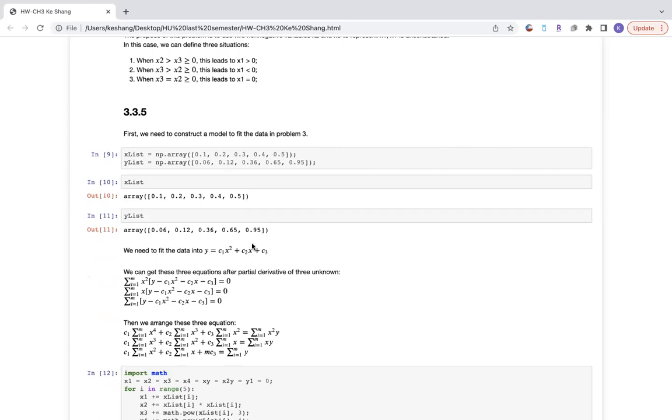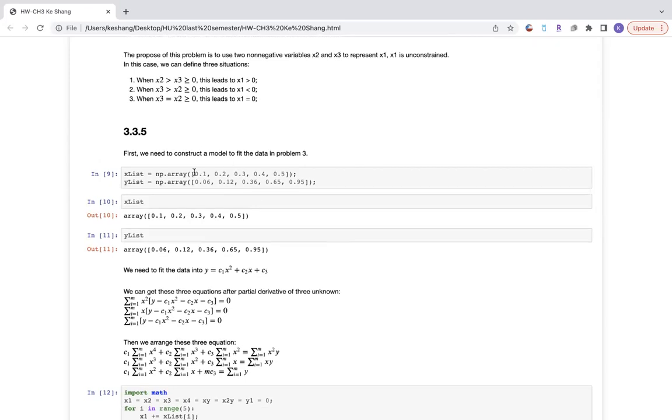Let's move to 3.3.5. Let me pull up the problem here. It asks us to fit the quadratic in problem number 3, which gives the two sets of data here.